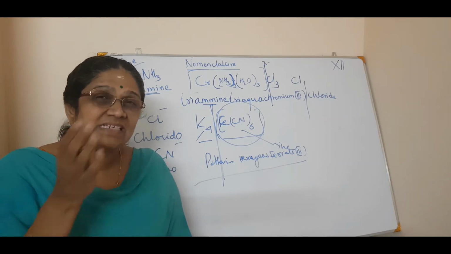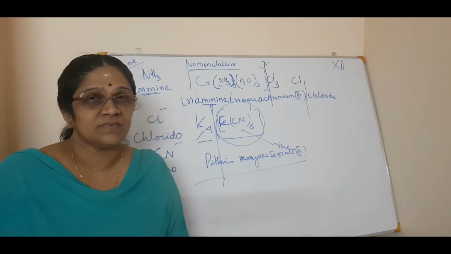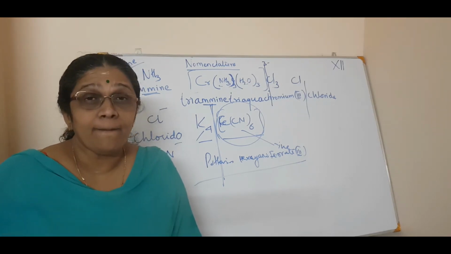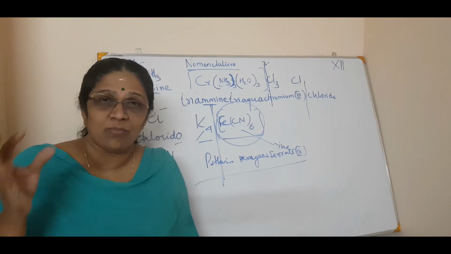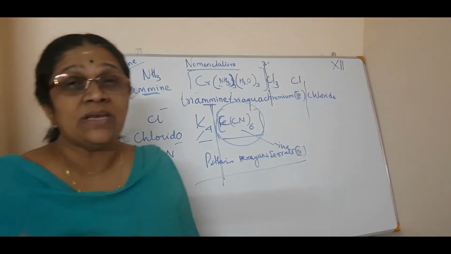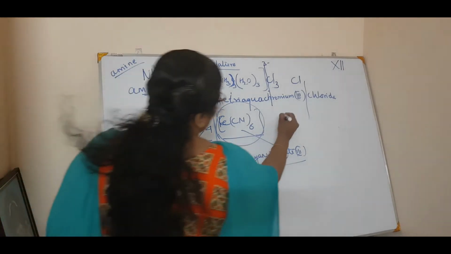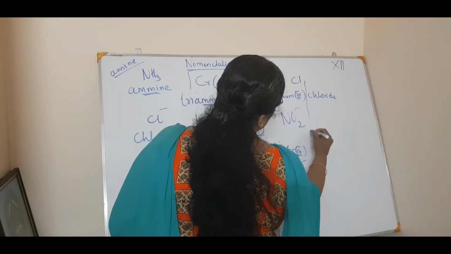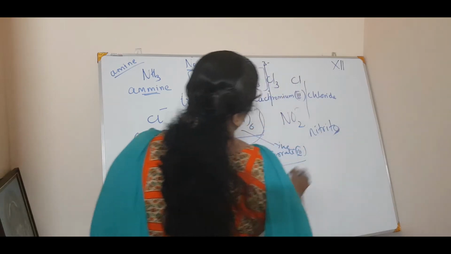You cannot write water, you should write aqua. Clear? Aqua. Okay. Negative ligands means chlorido, cyano, nitrito. Nitrito, see, NO2 is a minus ligand, so it is nitrito, ending in O.